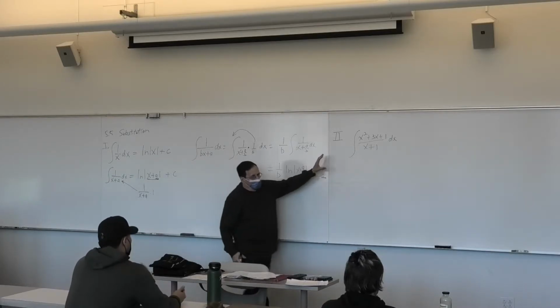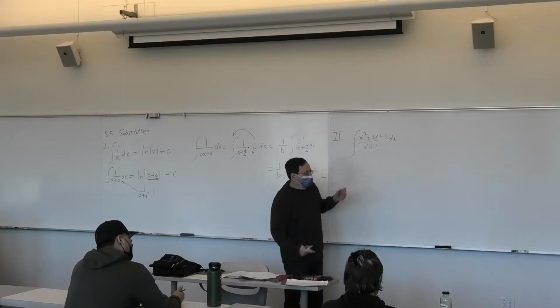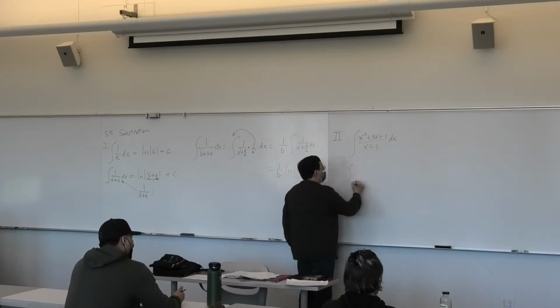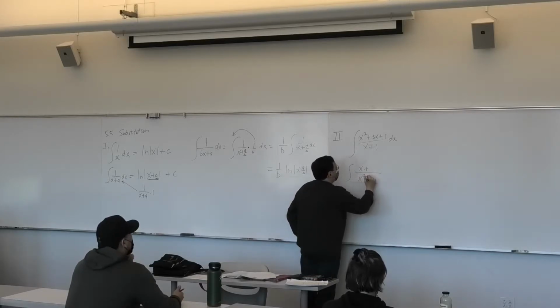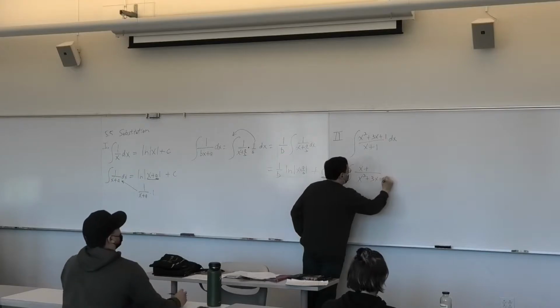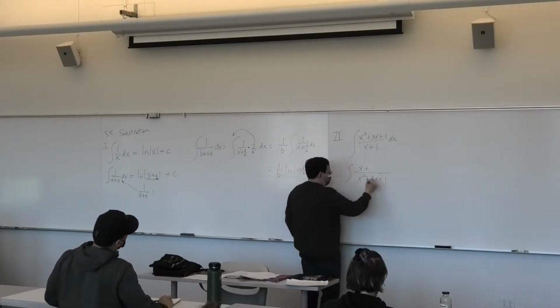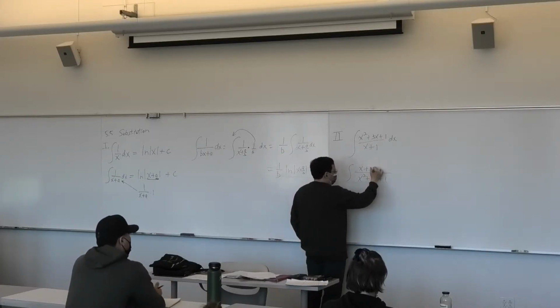Now we have a lot of things that look like this. Sometimes we'll have something that looks like this. Let's see if I can get this right. And up here I have plus.